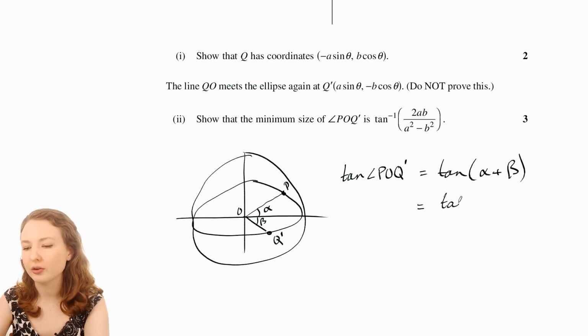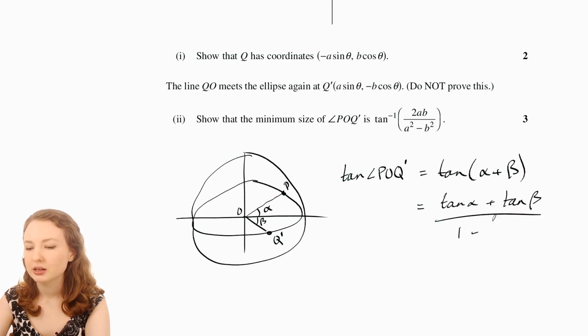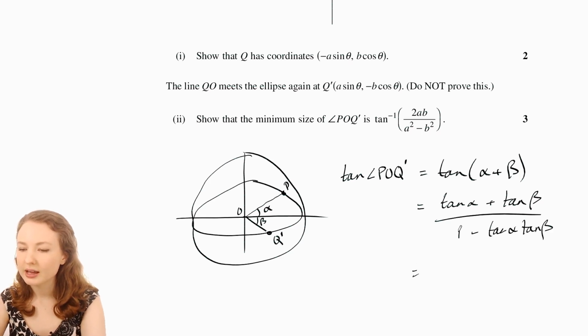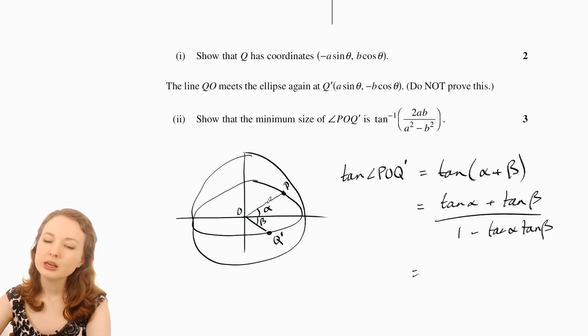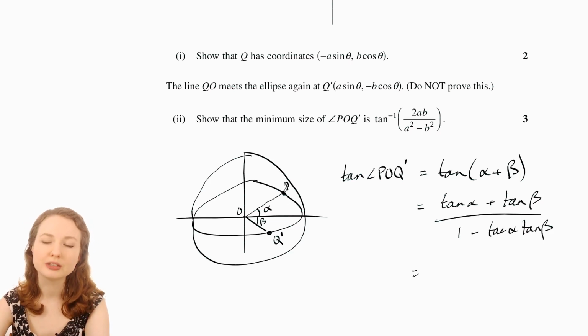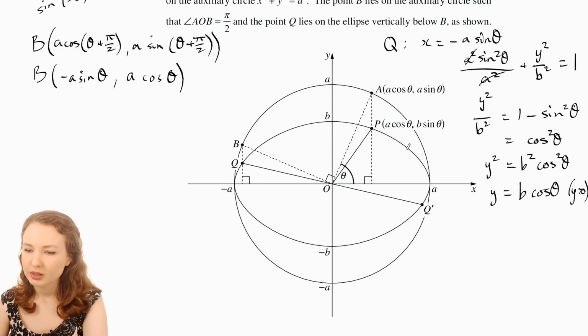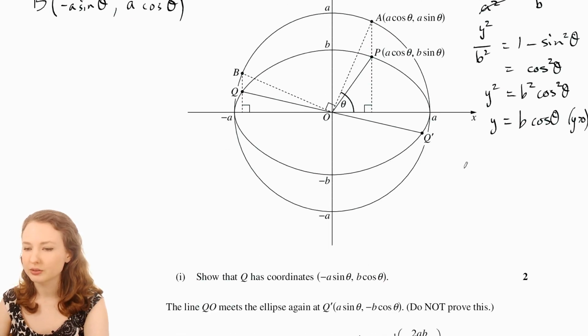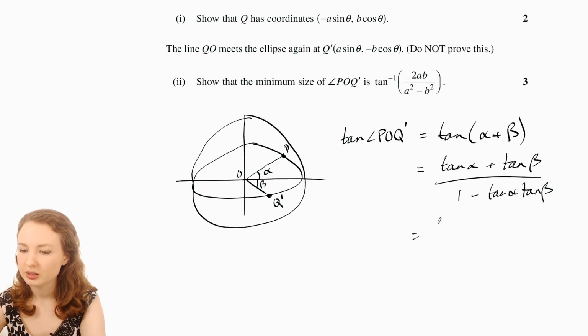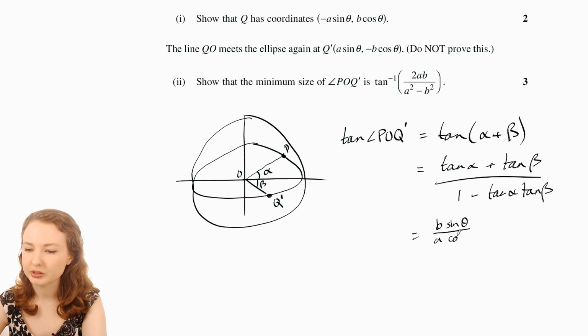So that's tan alpha plus tan beta over 1 minus tan alpha tan beta. Okay, and then tan alpha is going to be the y coordinate of P divided by the x coordinate. So P was A cos theta, B sine theta. So that's going to be B sine theta on A cos theta.